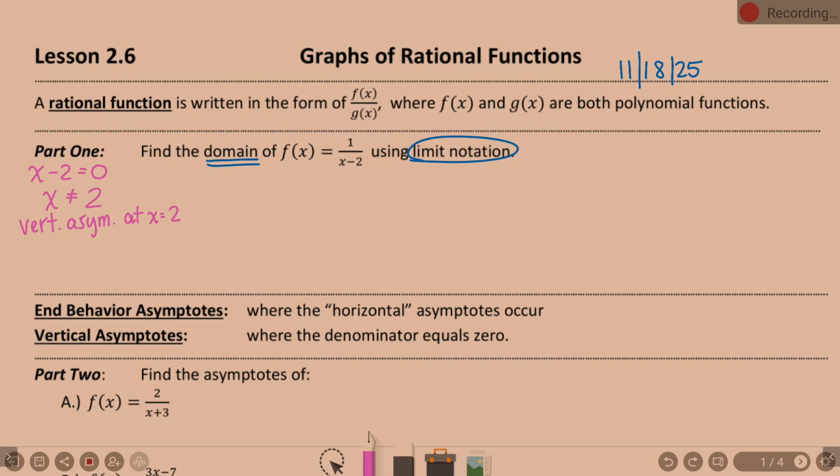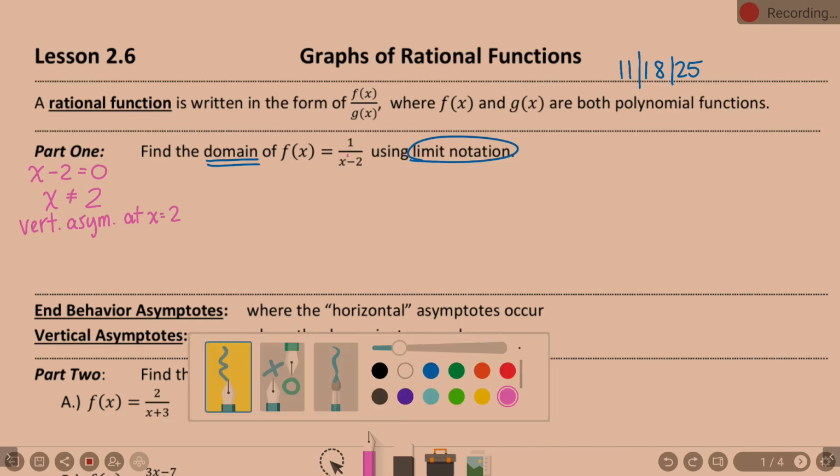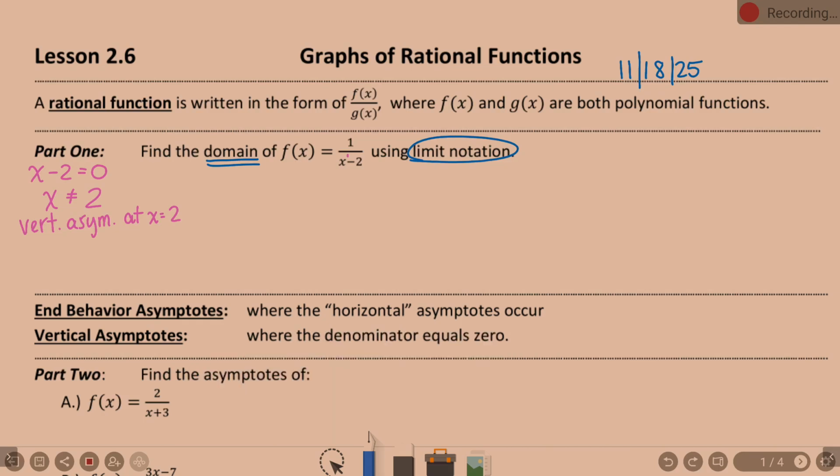Wherever your biggest power is determines what type of horizontal asymptote we have. Where's my biggest power? On bottom. We have an x to the first as our biggest power on bottom. And so when your biggest power is on bottom as x to the first, there is indeed a horizontal asymptote at y equals 0.